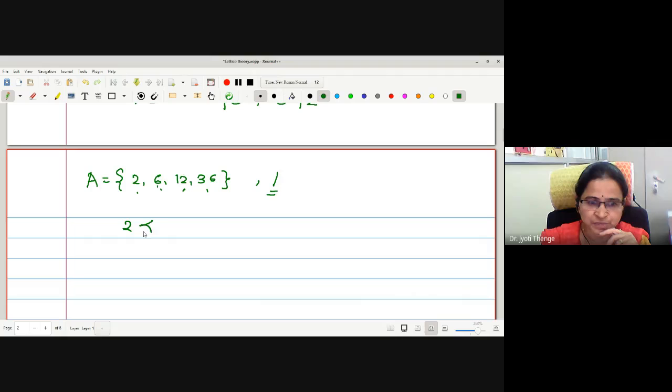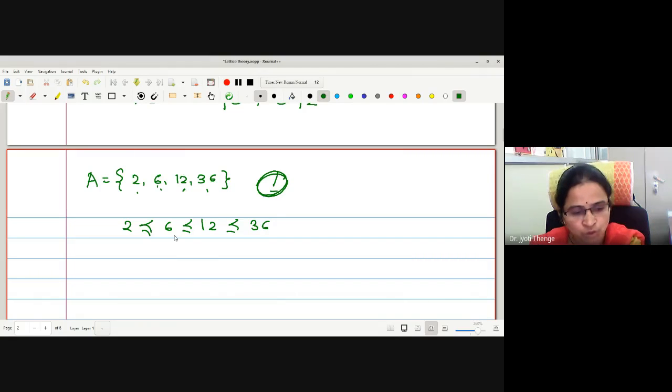Therefore, with this precedes relation, 2 precedes 6, 6 precedes 12, 12 precedes 36 under divisibility. Therefore, this is a totally ordered set.